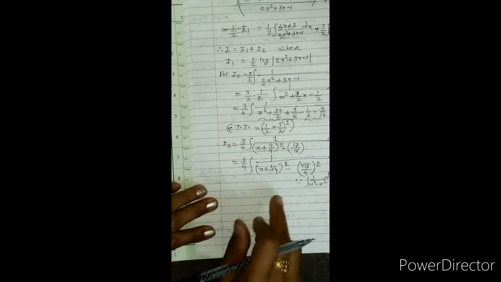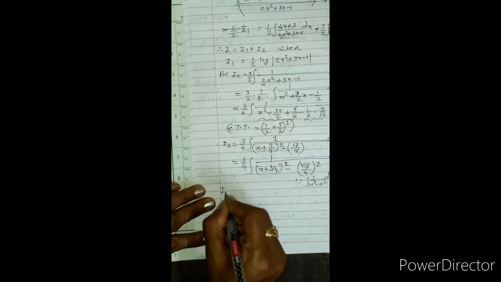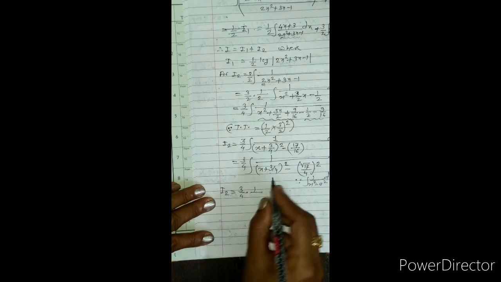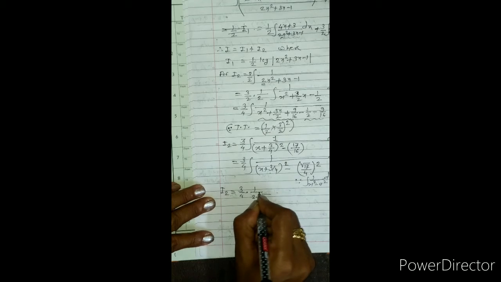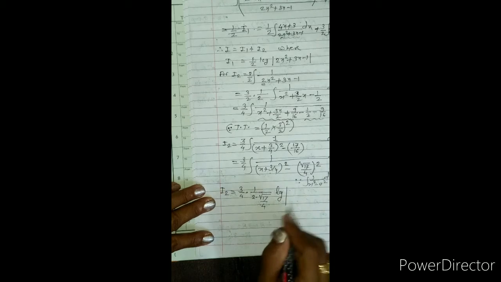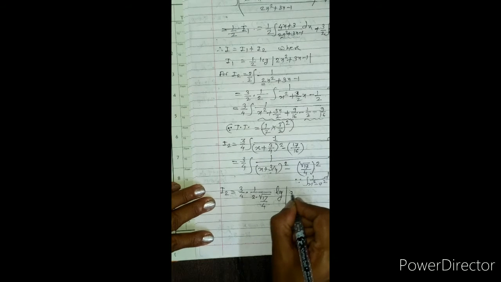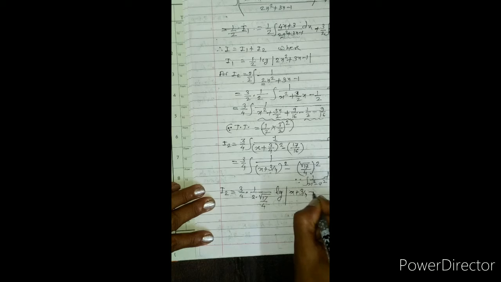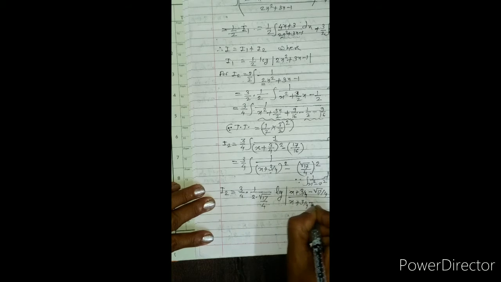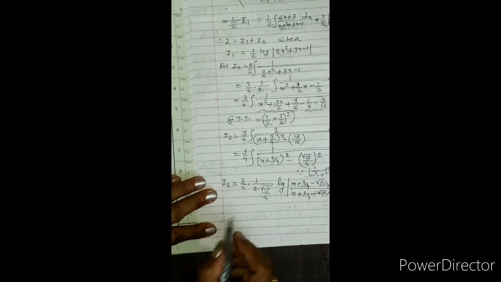So by using the formula, I2 becomes 3 by 4 into 1 upon 2a, where a is root 17 by 4, times log of the modulus of x plus 3 by 4 minus root 17 by 4, upon x plus 3 by 4 plus root 17 by 4, plus the constant of integration.